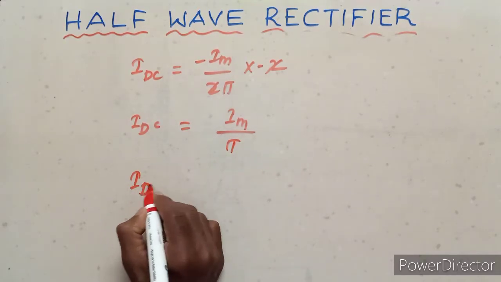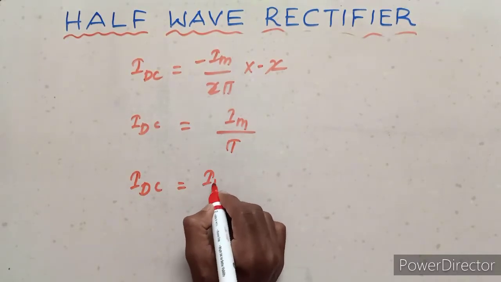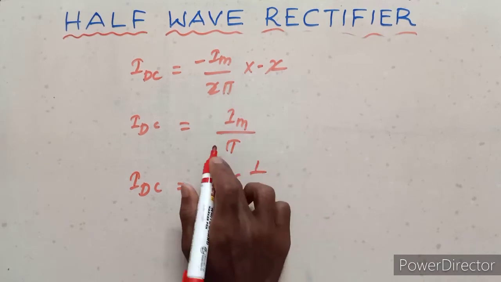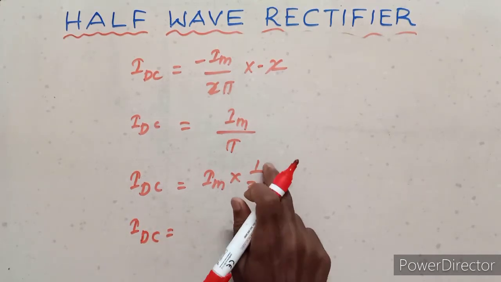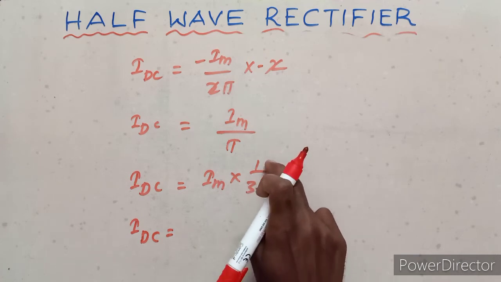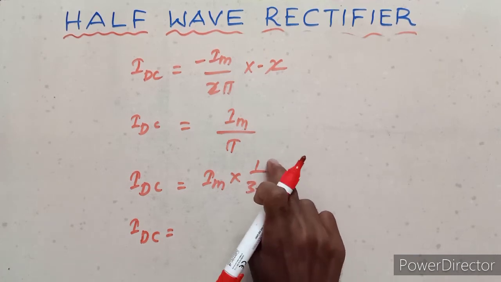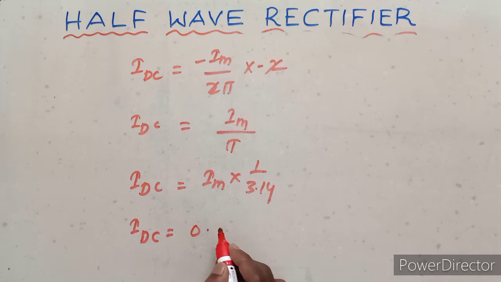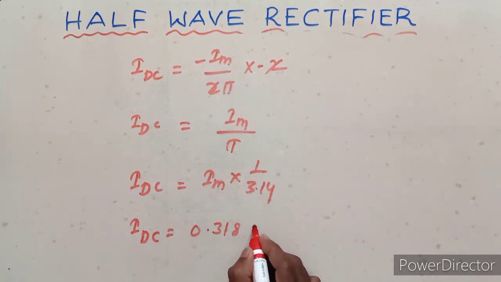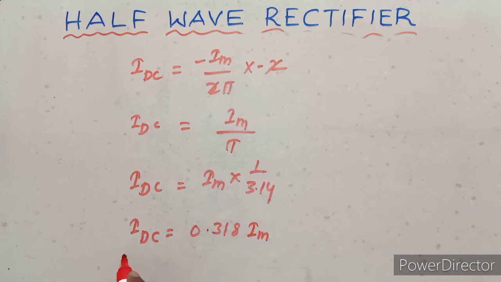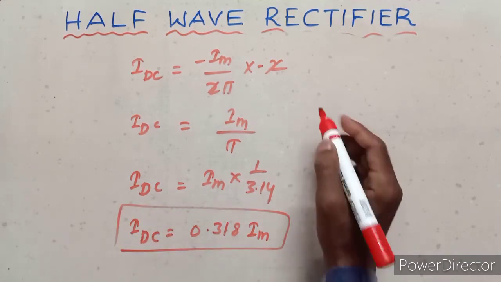So the DC current equals Im times 1 upon pi, that is 1 upon 3.14, which is 0.318. So this is 0.318 times the maximum current. This is the DC current.